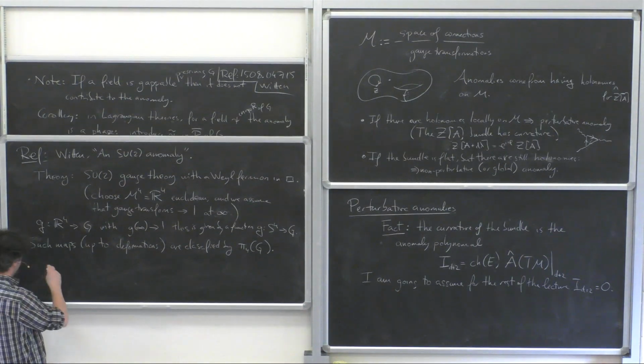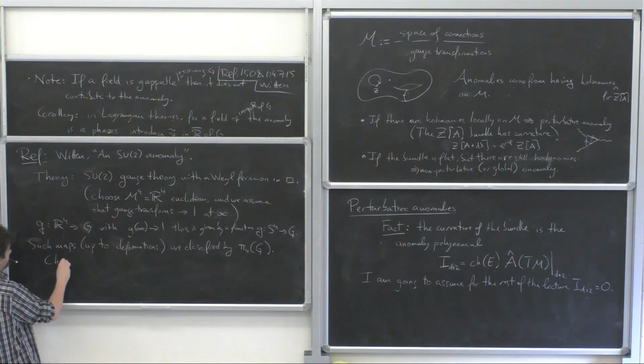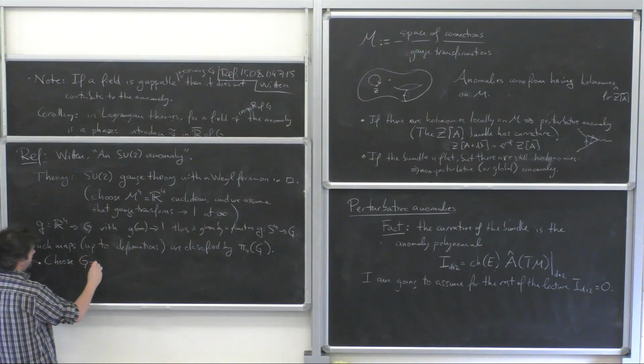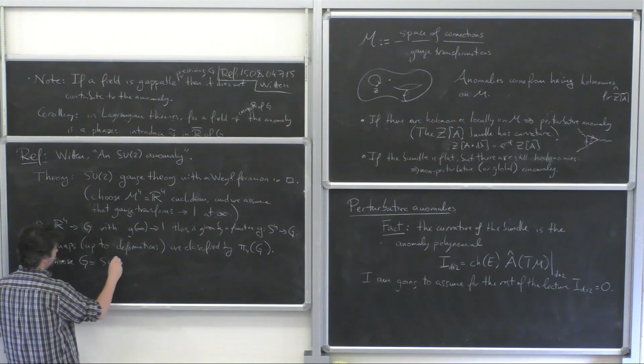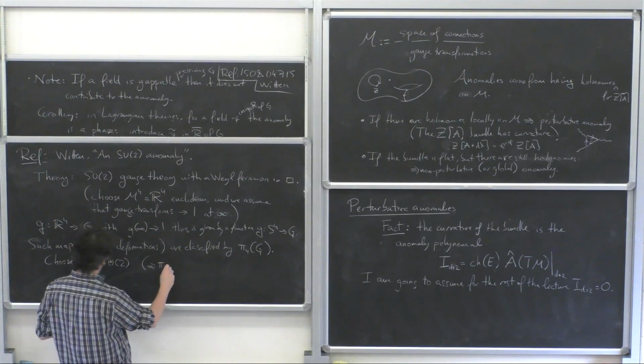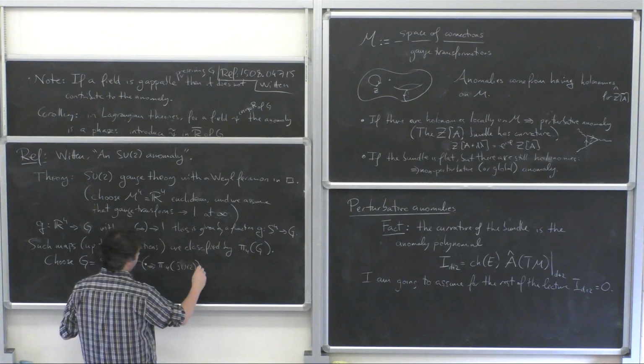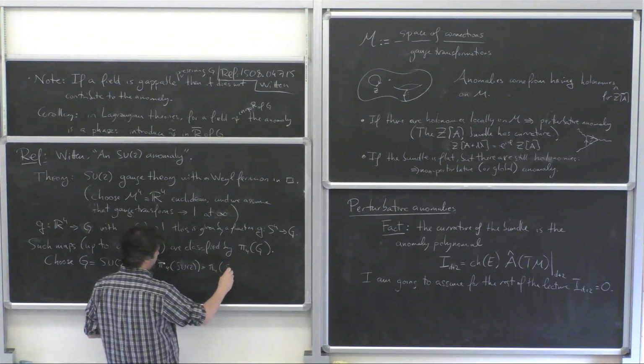So I'm going to choose G equal to SU2. And in this case, you have pi 4 of SU2. This is pi 4 of S3.